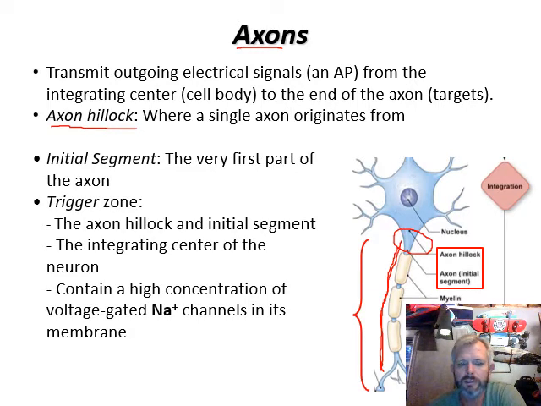Why is it called the trigger zone? Again, it's going to trigger the action potential, and what we're going to find here are what we call voltage-gated sodium channels. Going back to your channels, your membrane transport day, what's it going to allow? It's going to allow sodium in, but only when we're at a certain membrane potential.